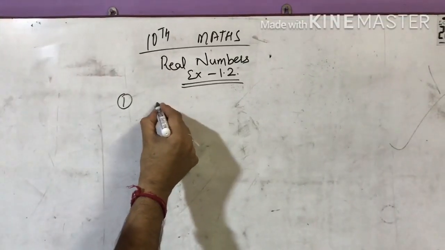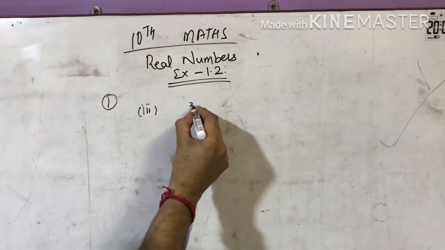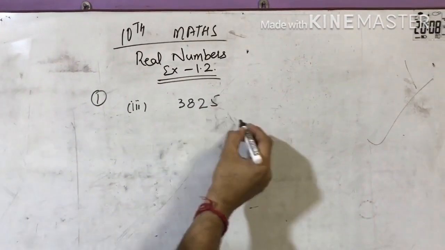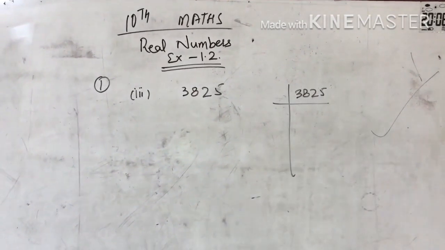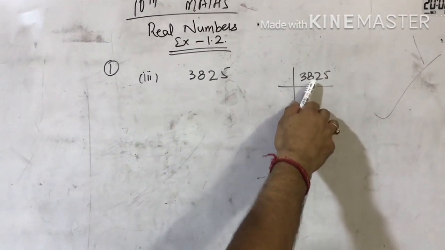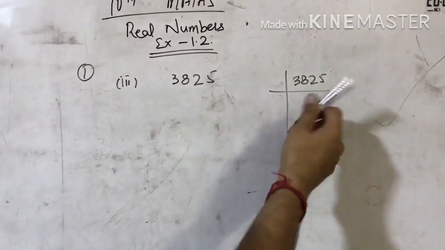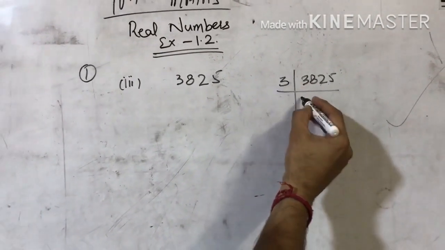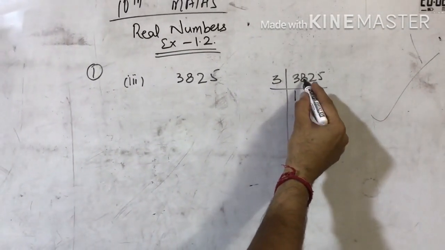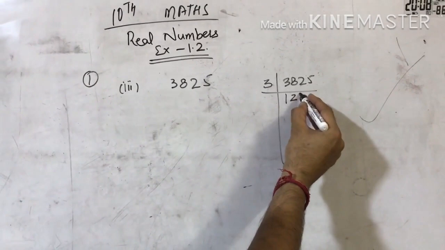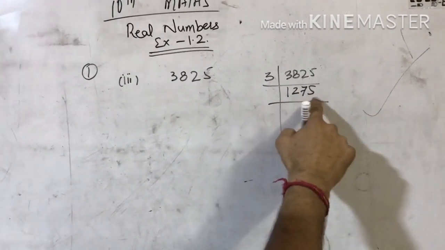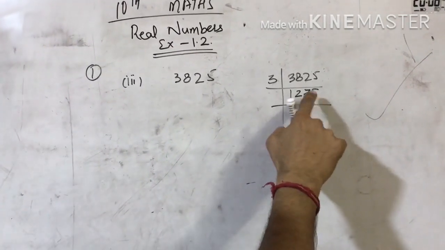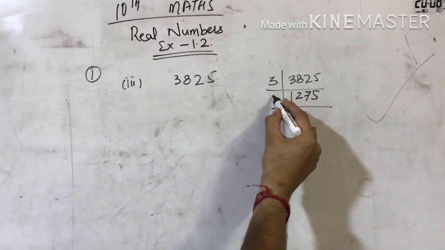Third part. So it is 3825. 3825 means 5 plus 2 is 7, 3 is 10, 18. 18 means the sum is 18, so it can be divisible by 3. So start with 3. You can check the sum of these digits. If it is divisible by 3, then the number also can be divided by 3.